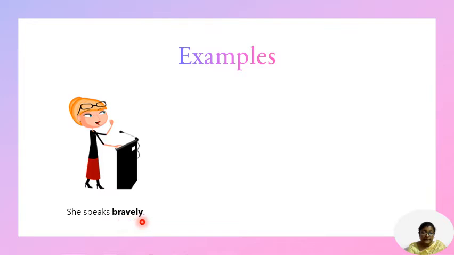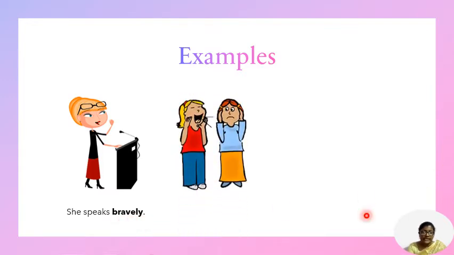She speaks bravely. And in the next example, we see a girl shouts. So how does she shout? She shouts loudly. So loudly describes the verb shouts. So loudly is the adverb.